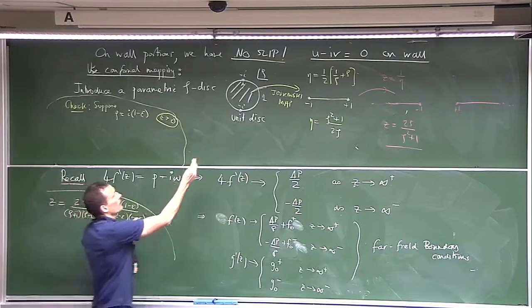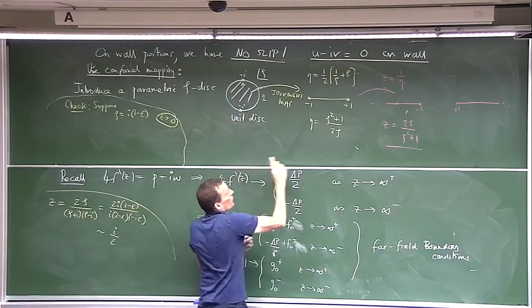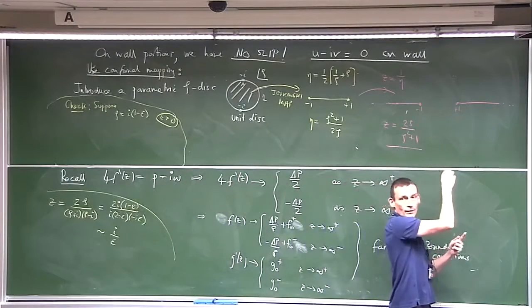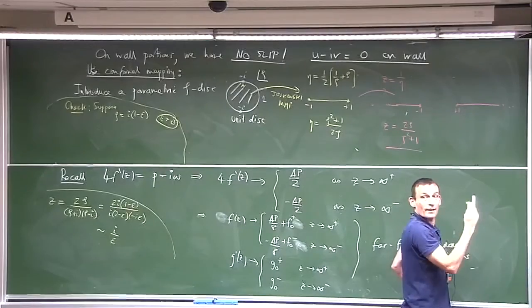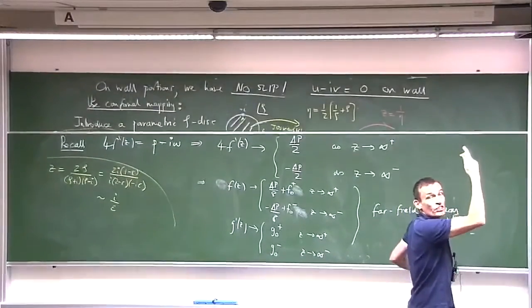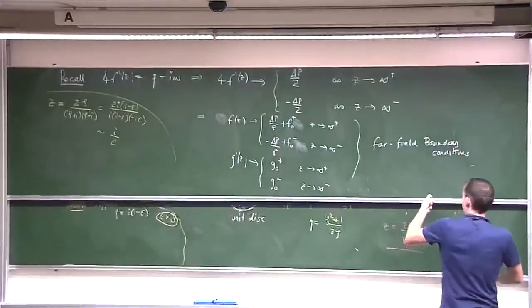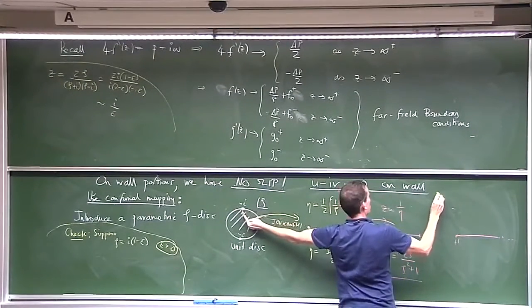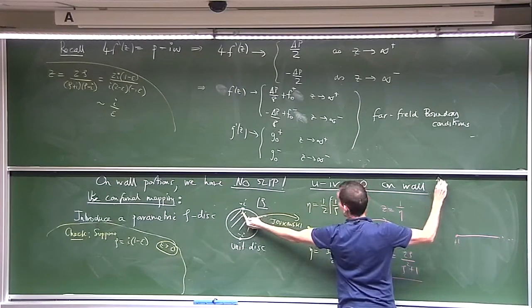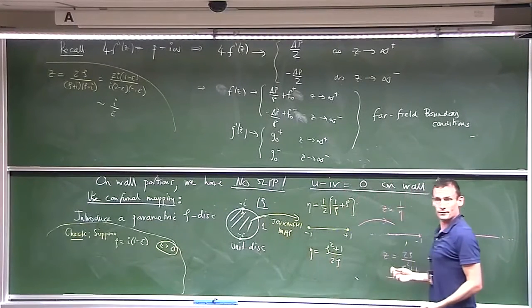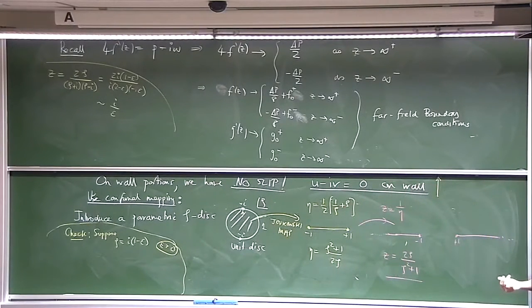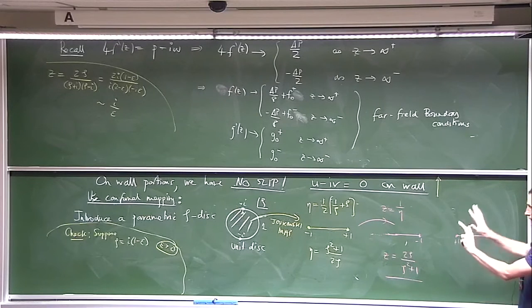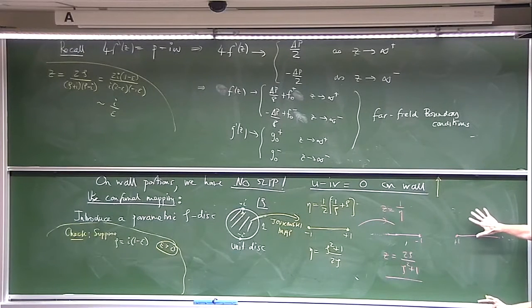What I'm trying to say is, as I move up that little arrow, where am I moving here? Up the imaginary axis, the positive imaginary axis. So moving up here is equivalent to moving up here. Okay, so I've got this nice analytic identification between the physical plane and the disk.